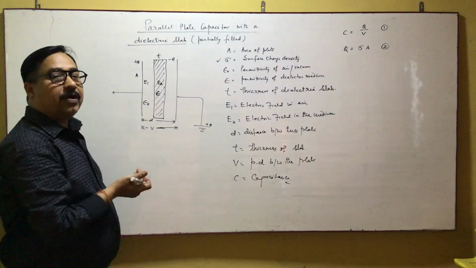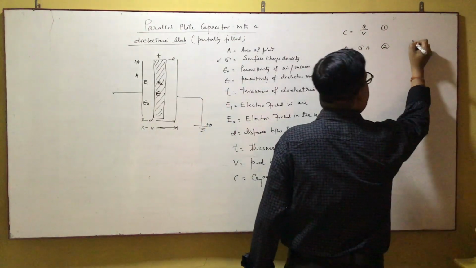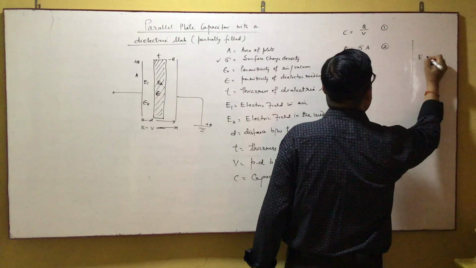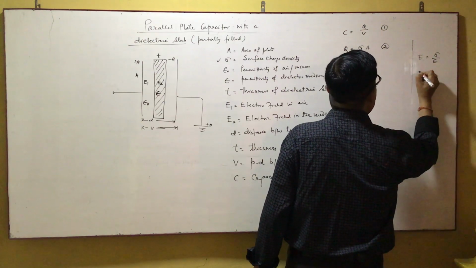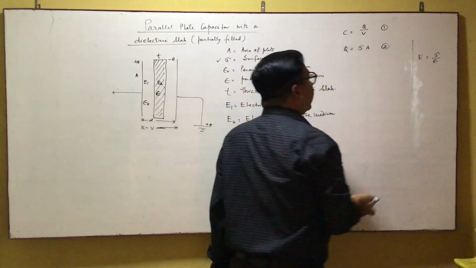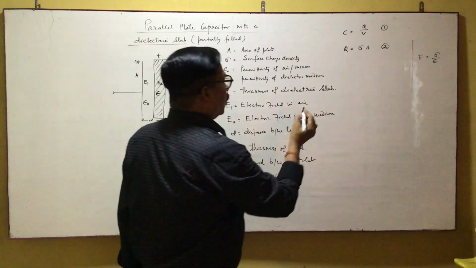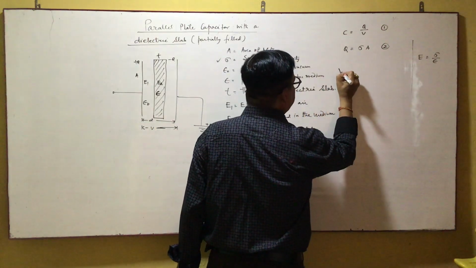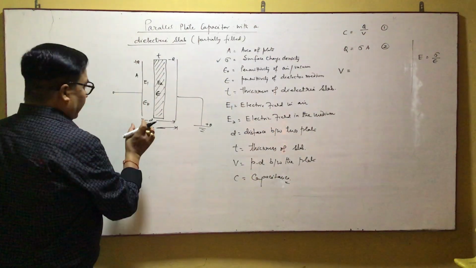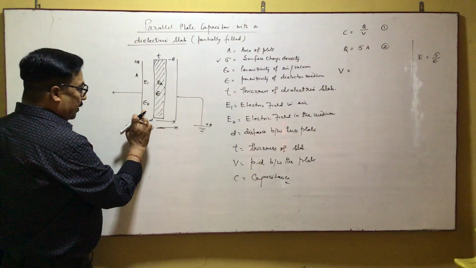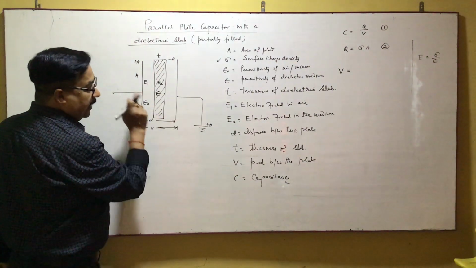Because the field depends on the medium, and the formula we know as E is equal to sigma by epsilon or sigma by epsilon naught, as the case may be. So if you want to know the potential difference between the two plates, we have to find out the expression for E into D for the air as well as for the medium.